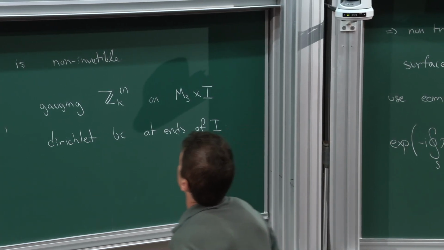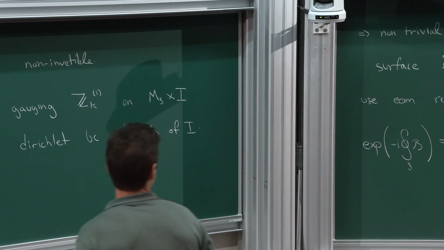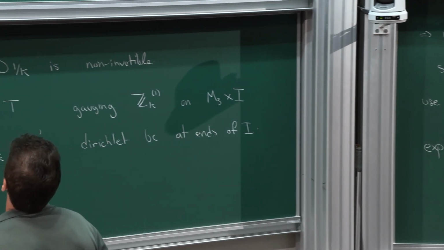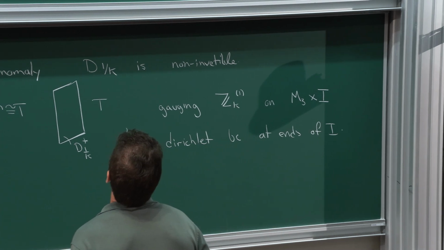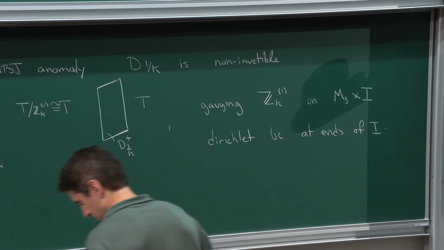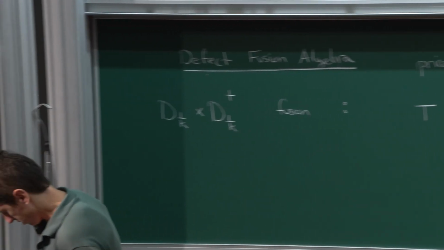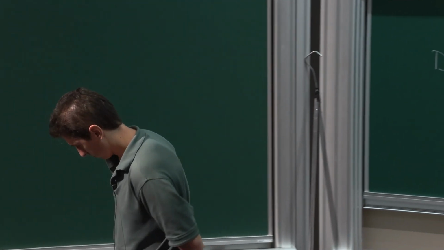Let's see, if we solve the equation, you will get beta is 1 over k times f.